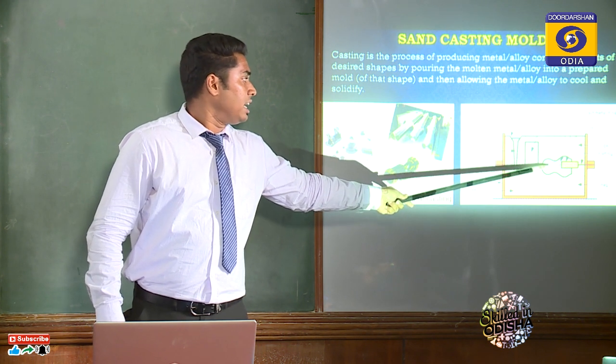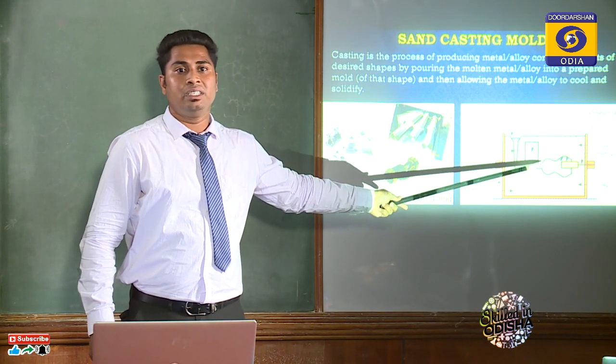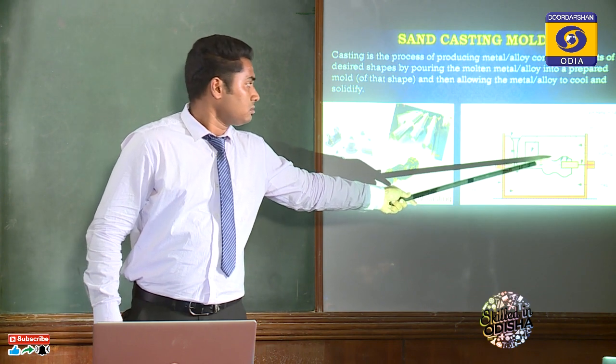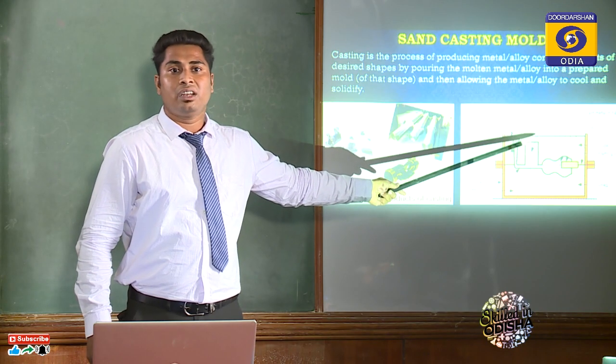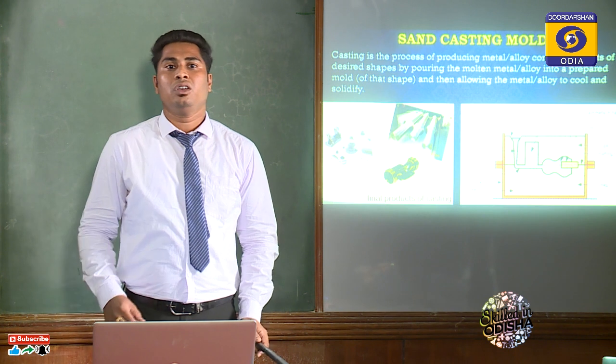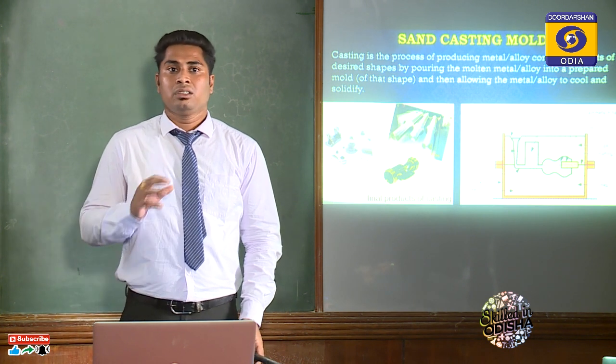The gate joins the mold cavity and the runner. After filling the mold cavity, the liquid molten metal rises in the riser. When the riser is filled, we stop pouring the molten metal in the pouring cup.